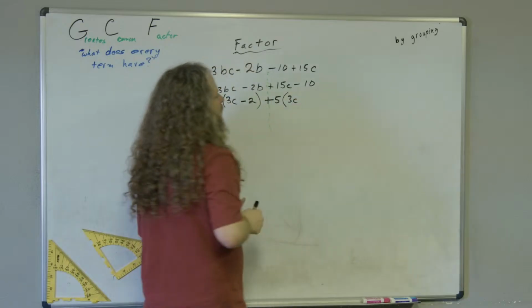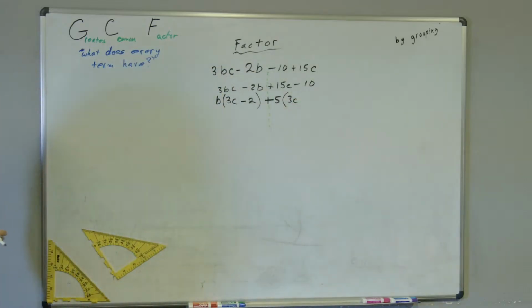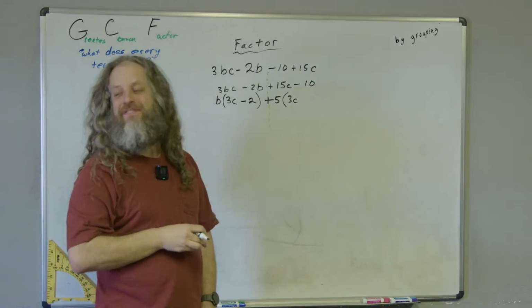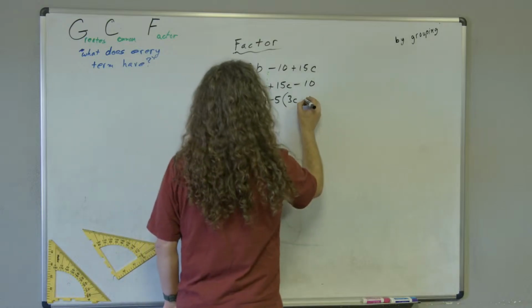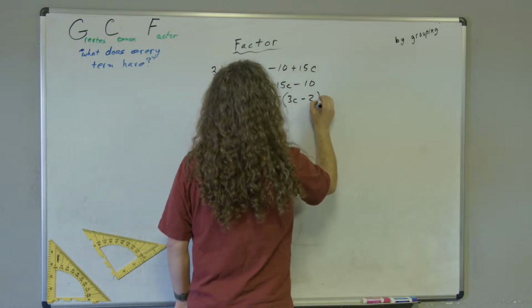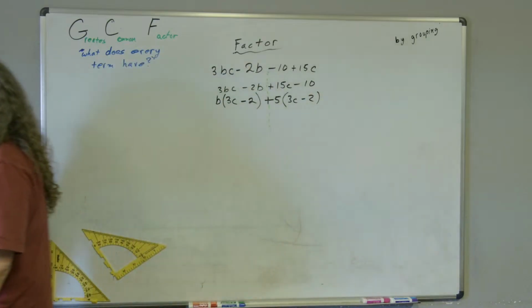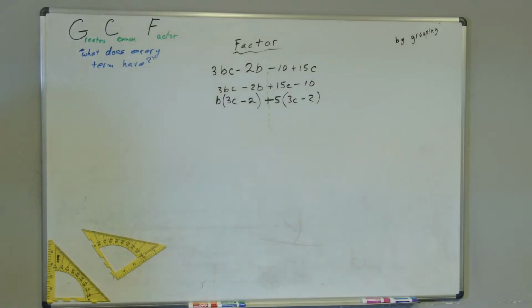When I pull a 5 out of the negative 10, what's left? Negative 2. Not subtraction, division. Okay, what do you see now? They look the same.